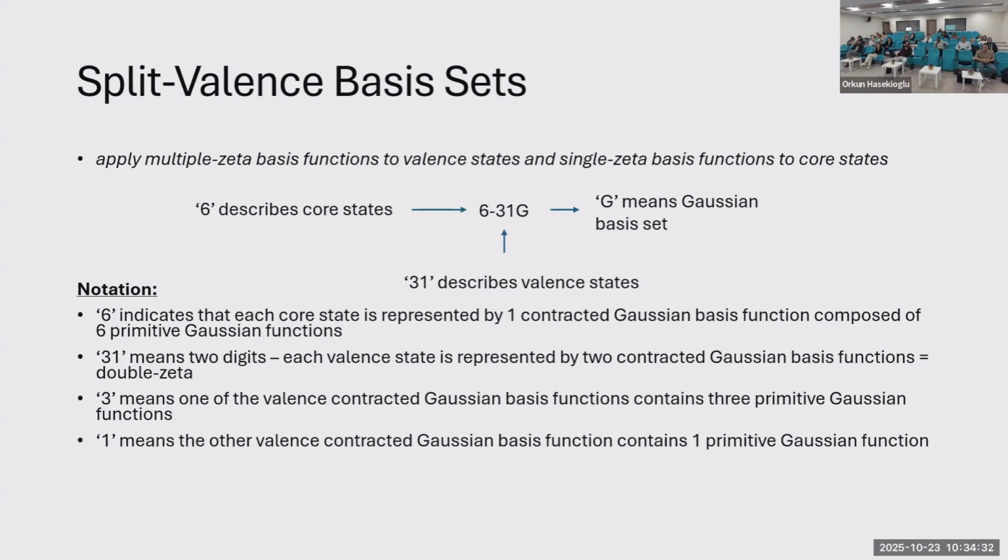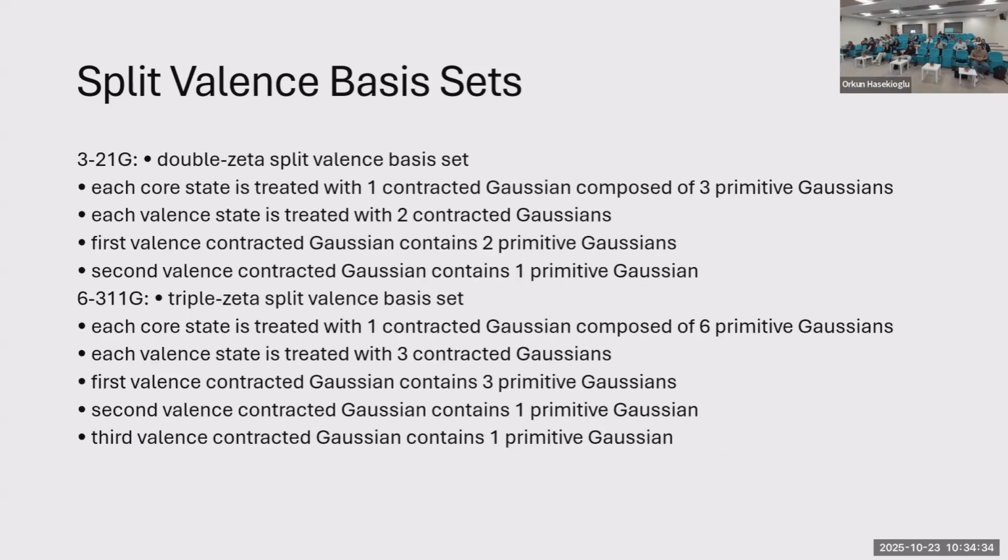So 3-21G is a double zeta split valence basis set. Each core state is treated with one contracted Gaussian composed of 3 primitive Gaussians. On the other side, 6-311G is a triple zeta split valence basis set, so the computations are much more expensive with it.